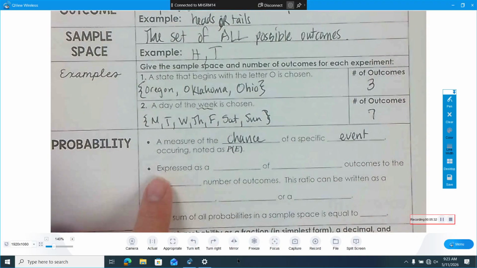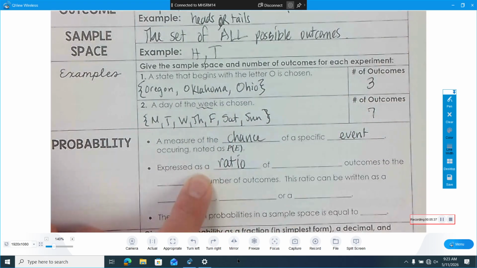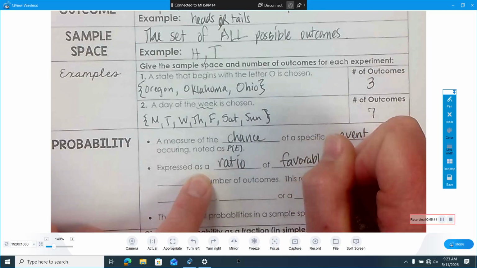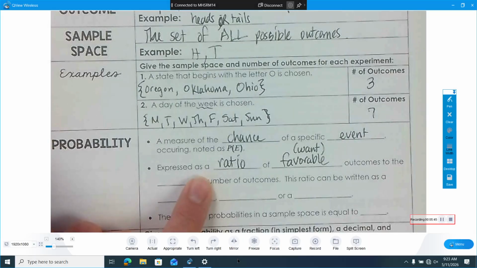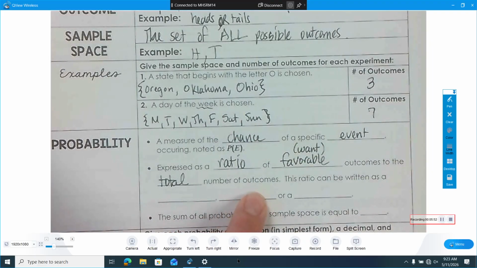The probability is expressed as a ratio of favorable outcomes, what we want, to the total number of outcomes.